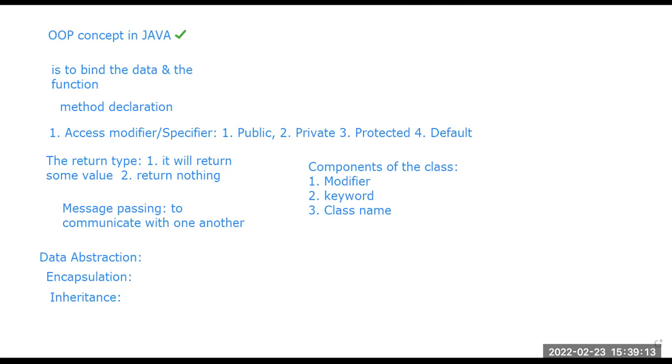First, the class, whether it is a superclass or a subclass. Superclass means suppose a new program is going to inherit the properties of another class. That is the superclass, from where we are going to inherit the properties.